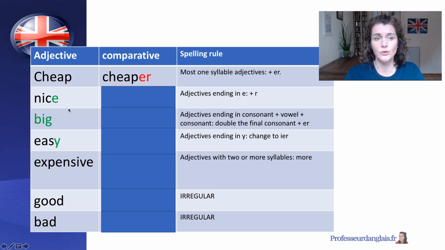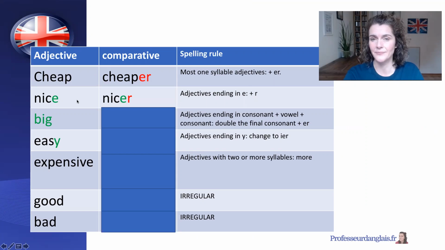If our adjective already ends in the letter E, then we just add the letter R. So nice becomes nicer. If we have a small adjective that is made up of a consonant, vowel, consonant, then we double the final consonant and we add er.